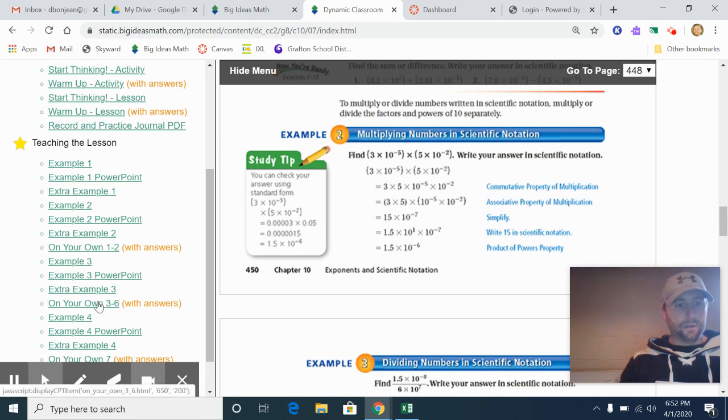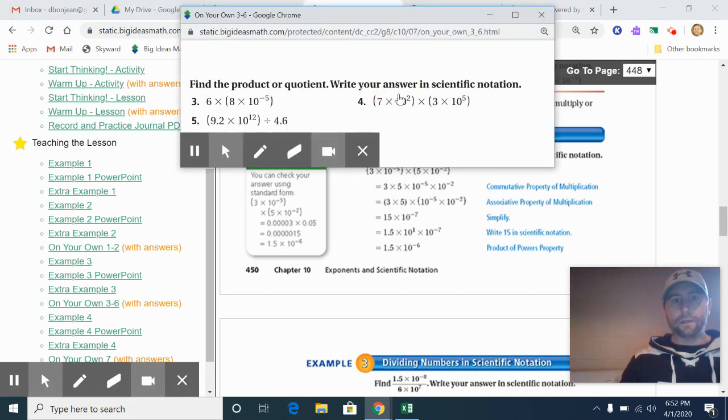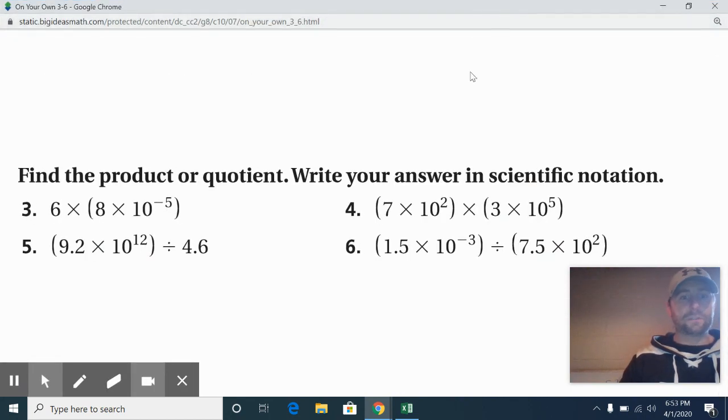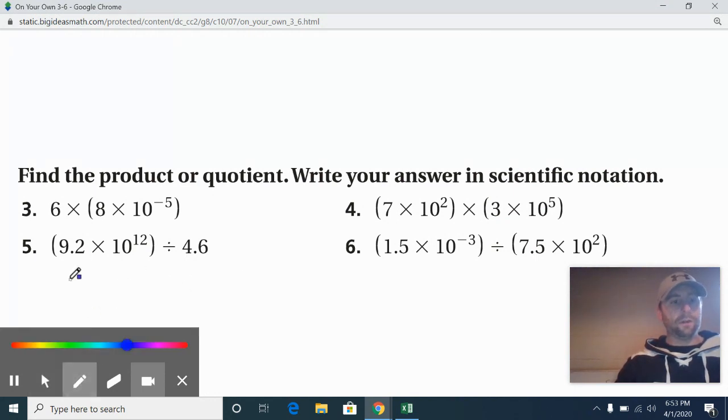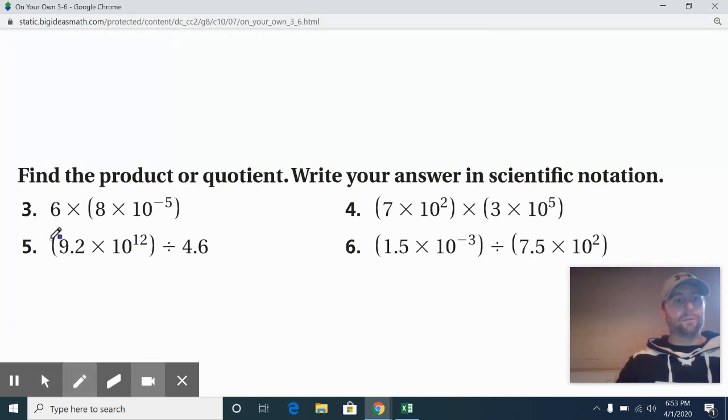Now let me just very, very quickly show you one last thing, because in your IXL assignment tomorrow, it's going to ask you questions kind of like this, and you got to know them, right? So similar to number 3, look at number 5. Okay, number 5 only has one 10 to a power.